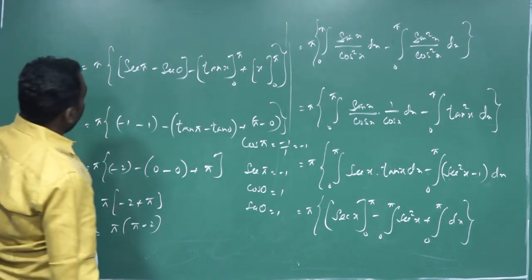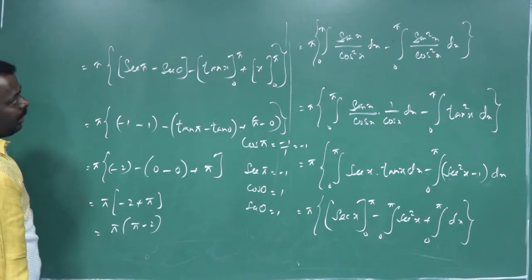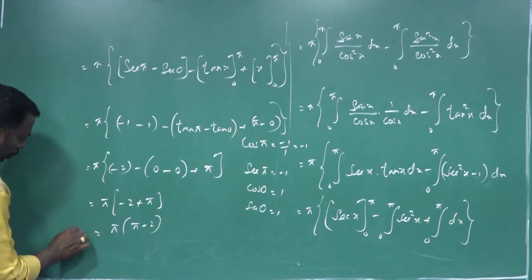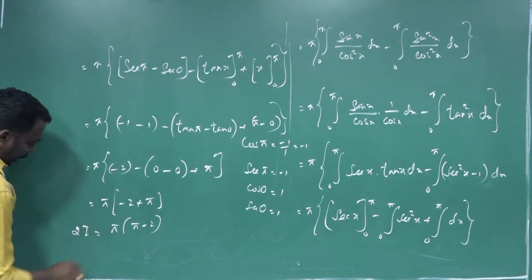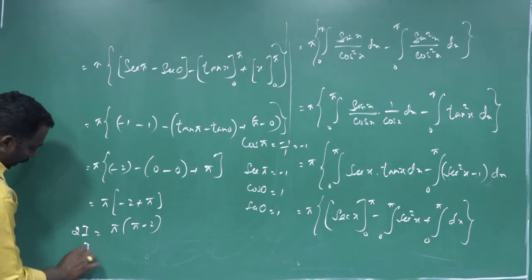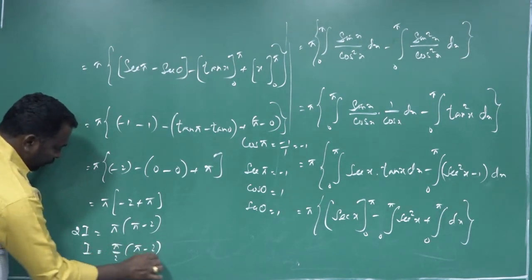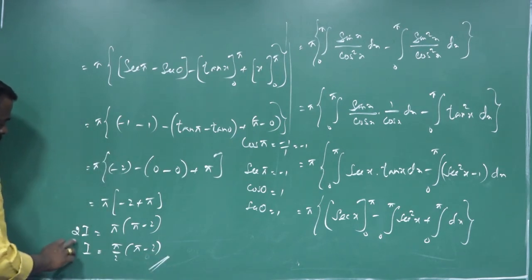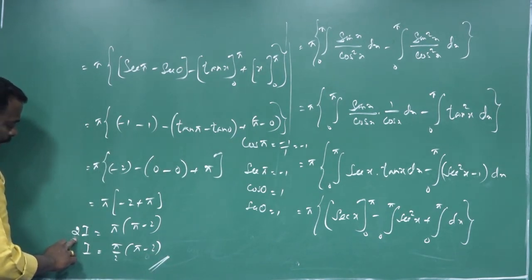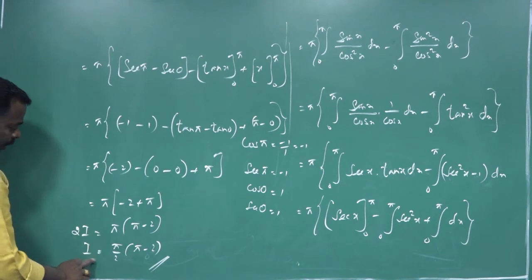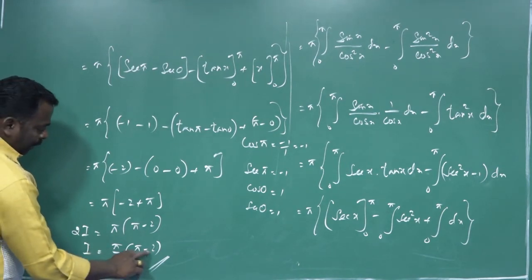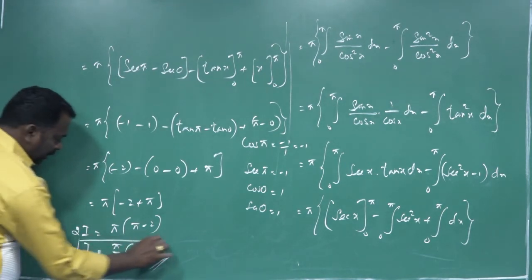Now the left-hand side, I plus I, is 2I, therefore transferring the 2, I equals pi by 2 into pi minus 2, and this is the final simplification.